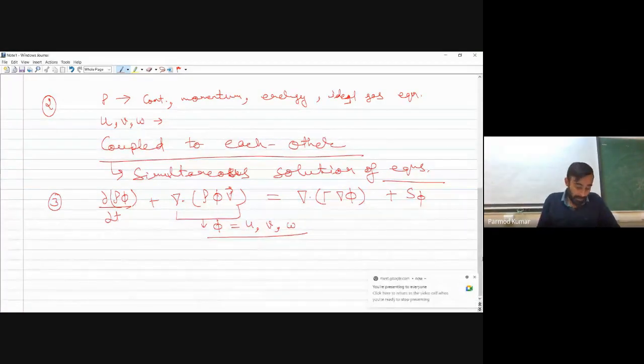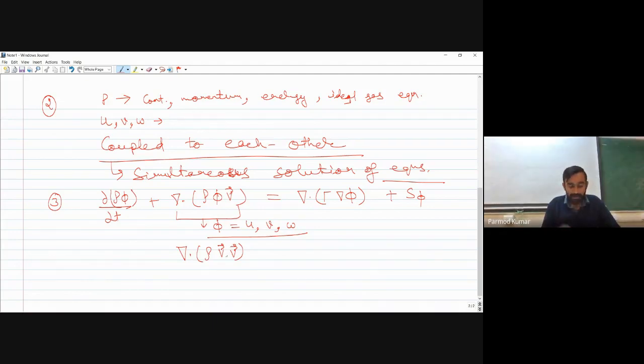Okay, so as I have told you, while we will be writing our momentum equation, phi we have to consider as u, v, and w. So when this additional u, v, w will be coming over here, if I write in vector notation in our momentum equation, I'll be having divergence of rho times v vector into v vector.